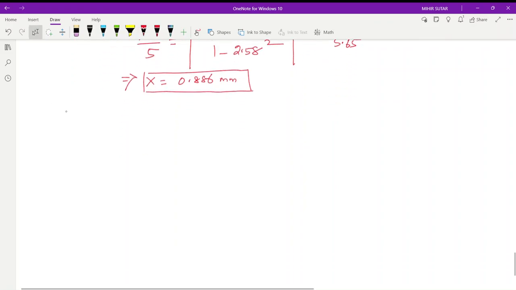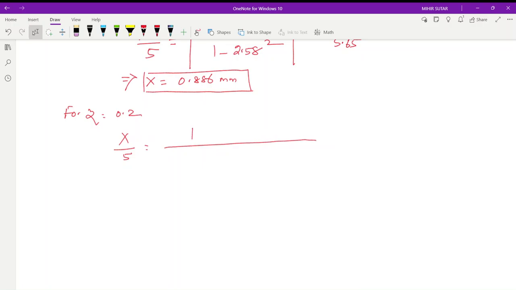Now for zeta equal to 0.2, we'll have x by 5 is equal to root over of 1 plus 2 into 0.2, the value of zeta, into the ratio of omega by omega n.